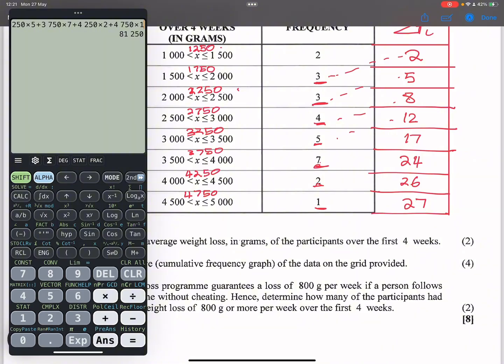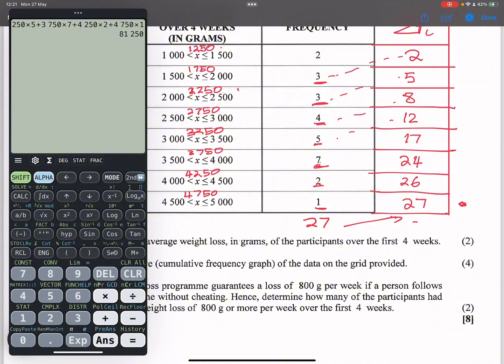Now I take the sum of all of that and I divide by the total number, or in this case, my cumulative frequency value. This value here must be the same as the value here. When I add all of these values up, it must give me 27, which should be the same as the last value of my cumulative frequency.